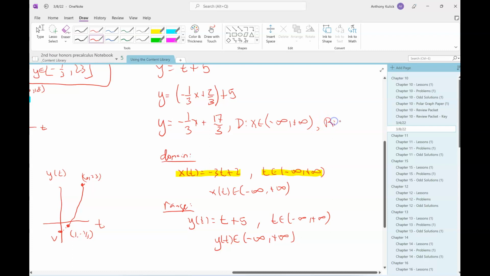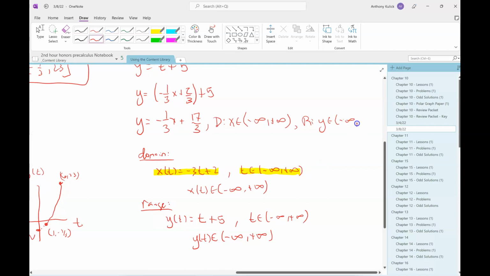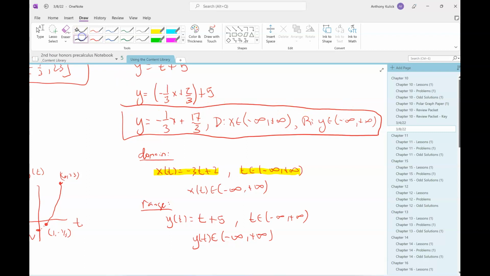So the range for my Cartesian is also all real numbers. There wasn't much to do on that one, which is okay, right? That's a relief sometimes. But good to talk through it still, right?